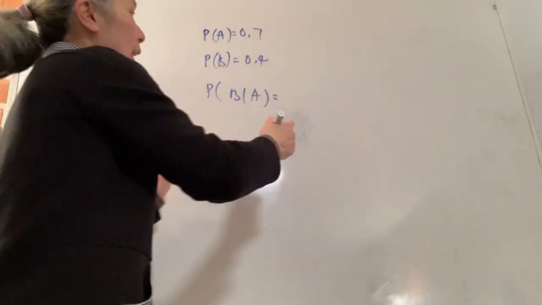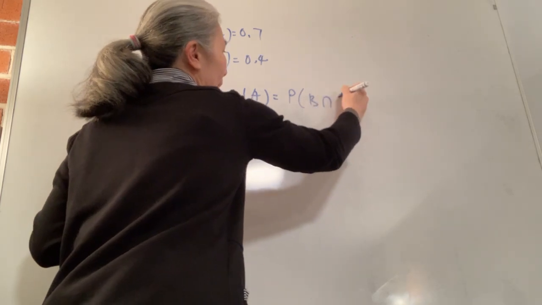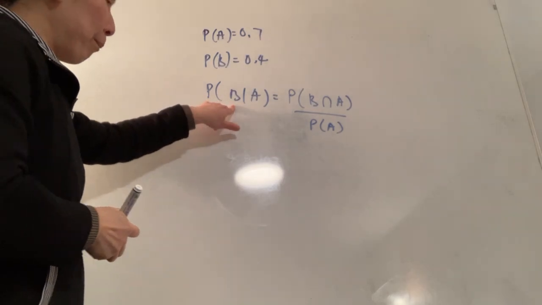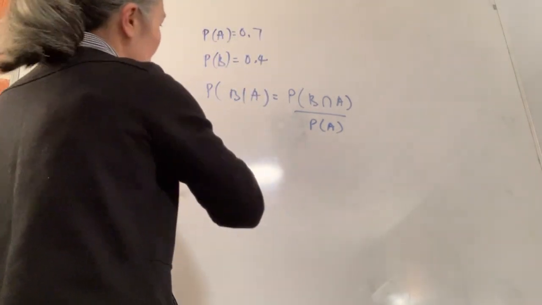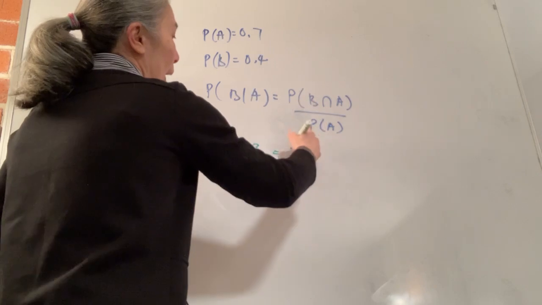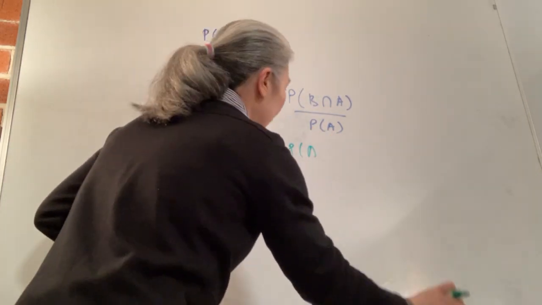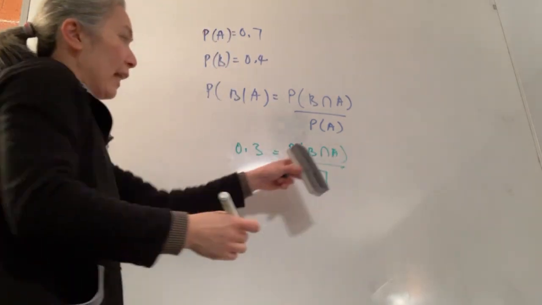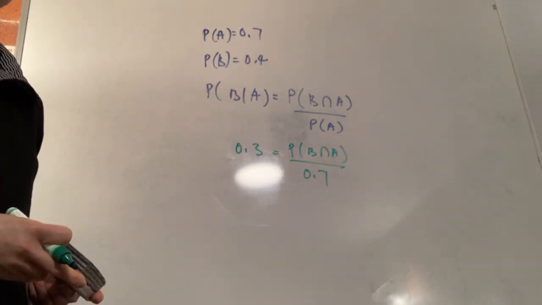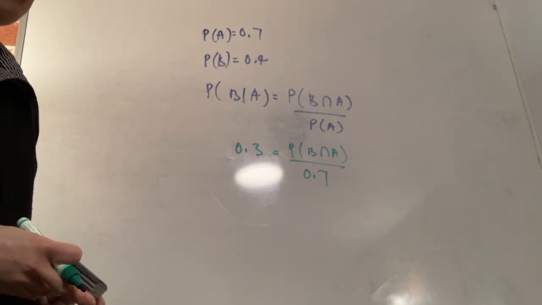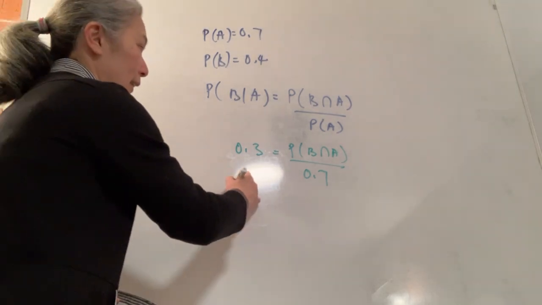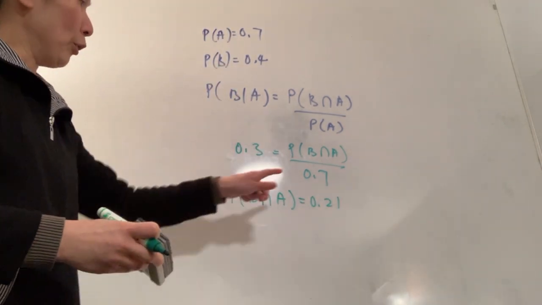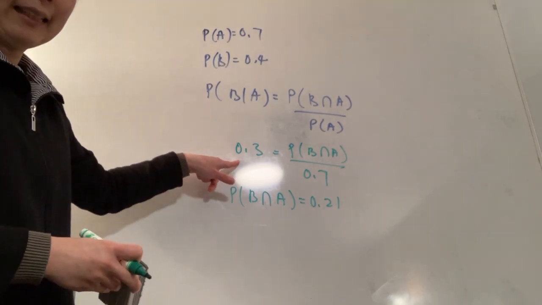Okay, from B given A, you can write it as B and A over probability of A. B given A is going to be 0.3, and then you're able to find out what B and A is. B and A is 0.21. Because you multiply this over, that's why you get B and A.